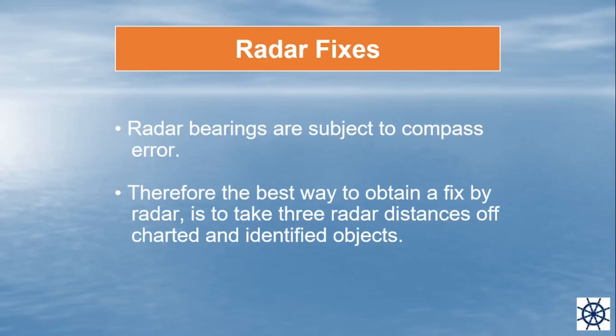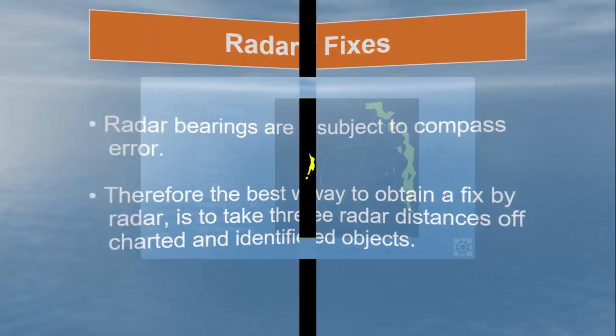Now the radar fixes. Of course, radar bearings are subject to compass error. Therefore, the best way to obtain a fix by radar is to take 3 radar distances of charted and identified objects. How? Radar fixes.